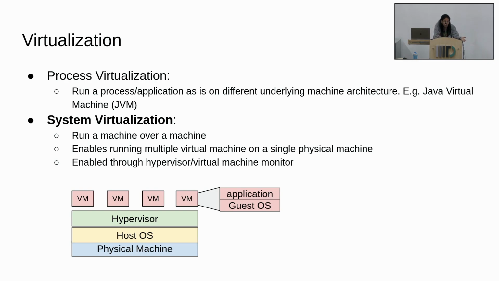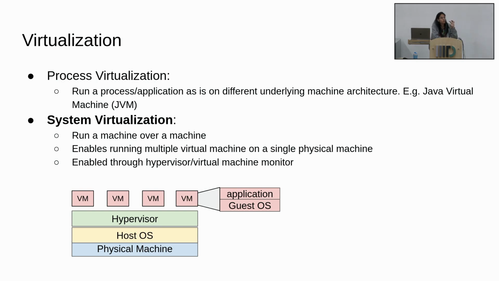So what enables it? You have the physical machine, you have the host operating system. There is a thin layer above that runs to enable that, and that's called a hypervisor or virtual machine monitor, right?